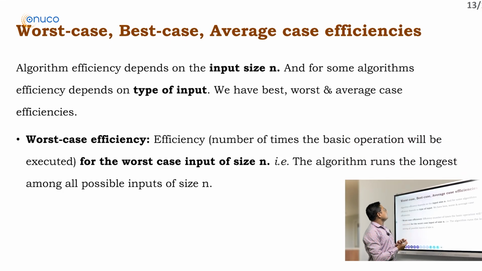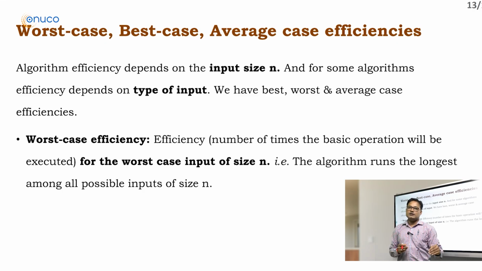Very important: worst case, best case, average case efficiency. Best case is when your program's basic operations run for the least amount of time.